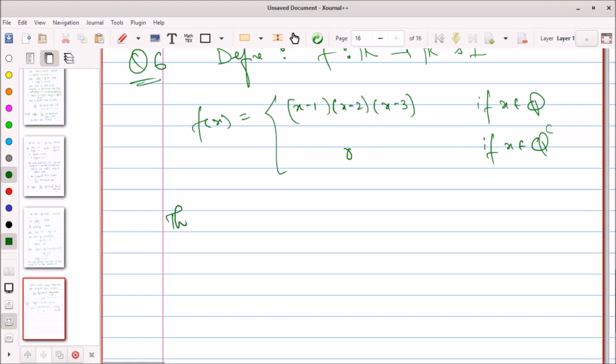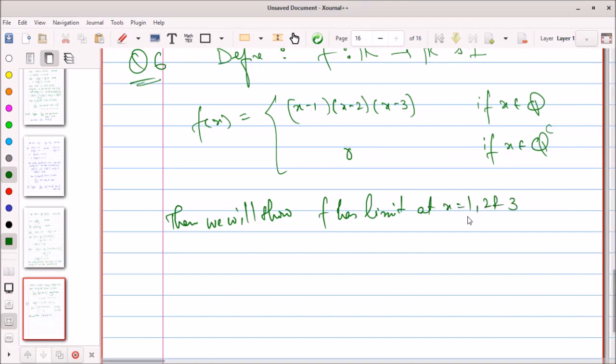Then we will show that f has limit at x equal to 1, 2 and 3, and f does not have limit at c if c is not equal to 1, 2 and 3.